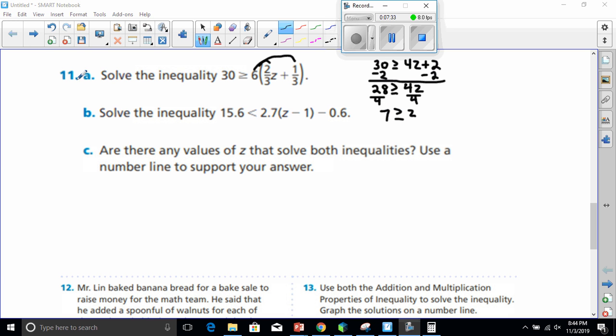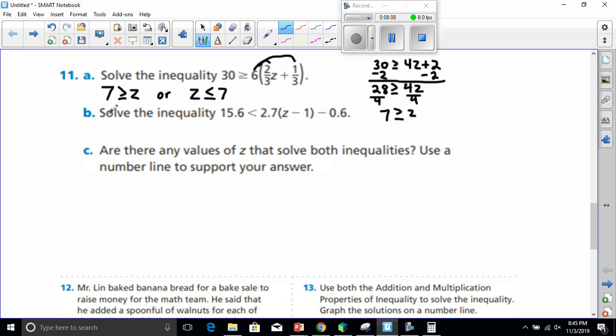So the answer to 11a is z is greater than or equal to 7, or if you want, 7 is greater than or equal to z, or you could even say that z is less than or equal to 7. So let's see, I'll put both those here. You could have 7 is greater than or equal to z, or you could have z is less than or equal to 7.